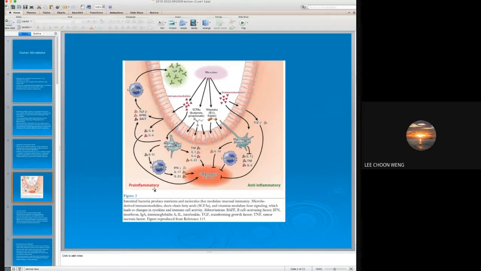So now our understanding has come to a stage where we know not only are the bacteria present on our body, they actually interact. Okay, there is some signal exchange between the microbes and humans.